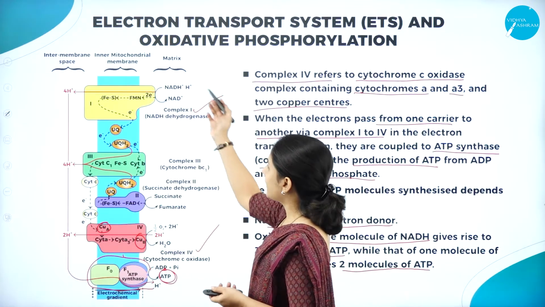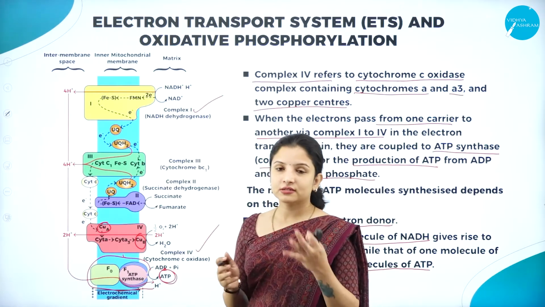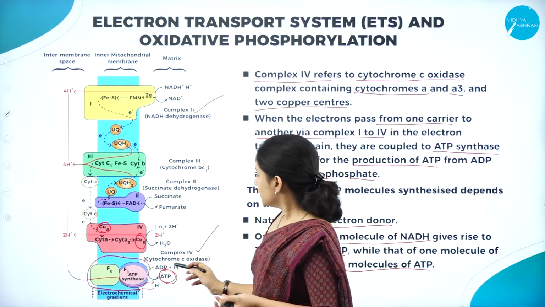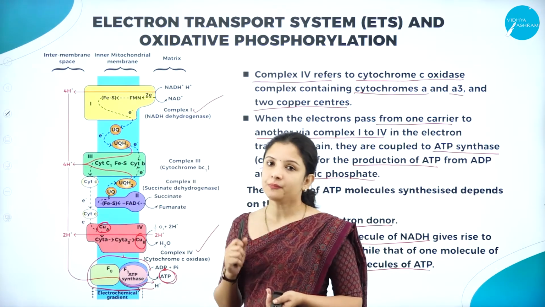So far we had not talked about FADH2, we had just talked about NADH. Since NADH is participating here, 3 molecules of ATP will be produced at the end of this particular reaction.